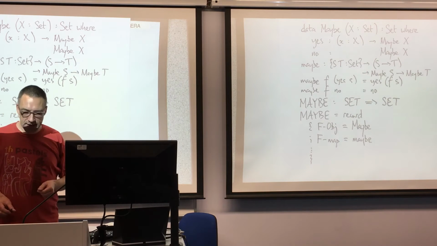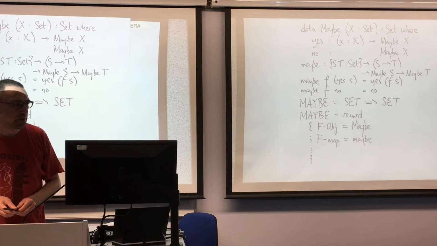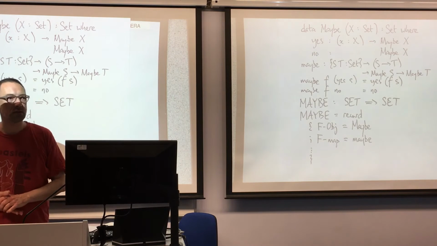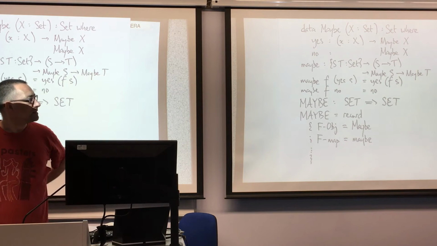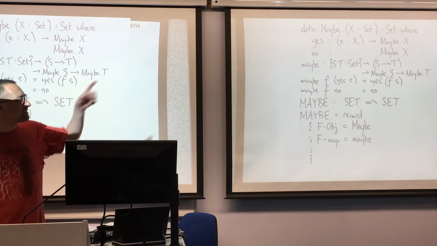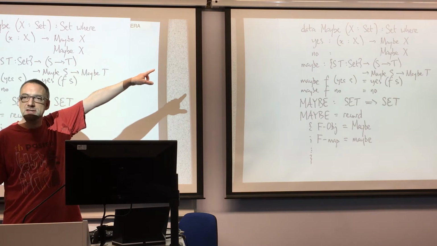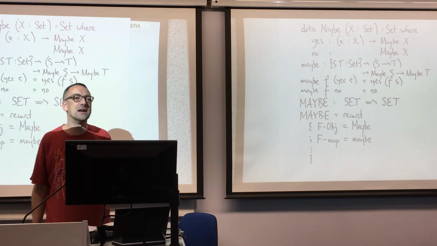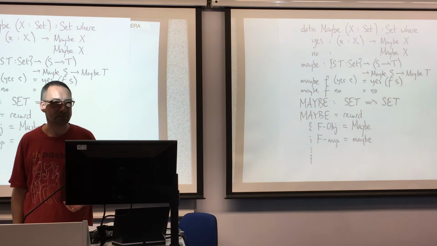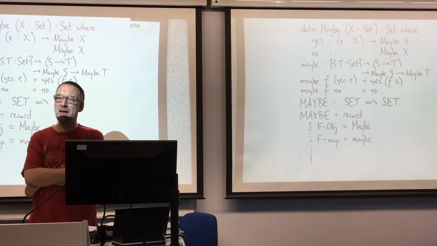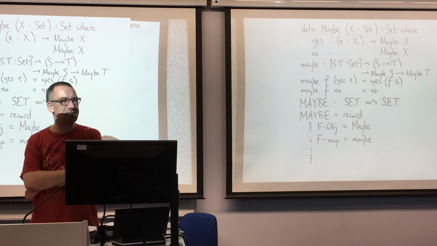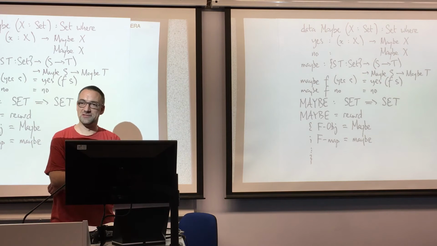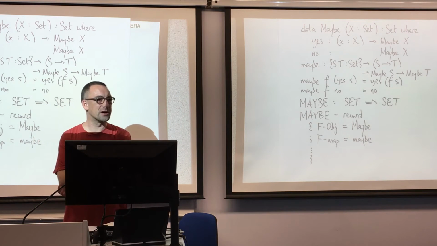And one thing I like to try to teach people is to get fed up with being made to work. So I'm saying you just need to look at this data type and you can see that there's going to be some kind of map operation. Why am I having to do the work to write this map operation? Why am I having to prove these laws that are always going to work out?